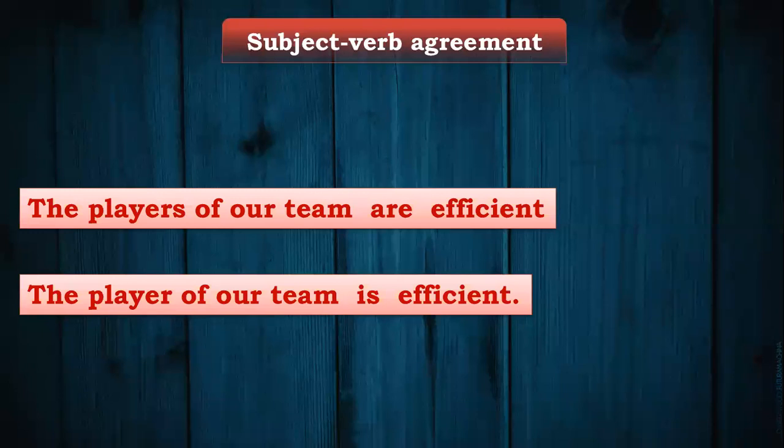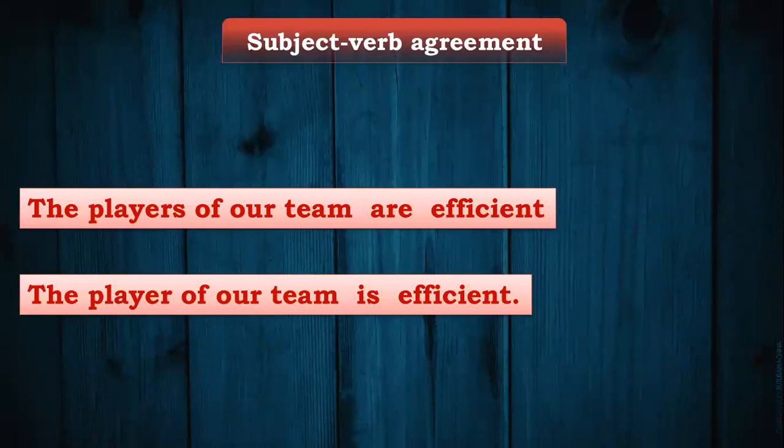Yes, "are" and "is." Now take a look at the subjects. In the first sentence, we have "the players of our team." We are not only talking about the players, but the players of our team, specifying that. So the entire part, "the players of our team," is the subject.